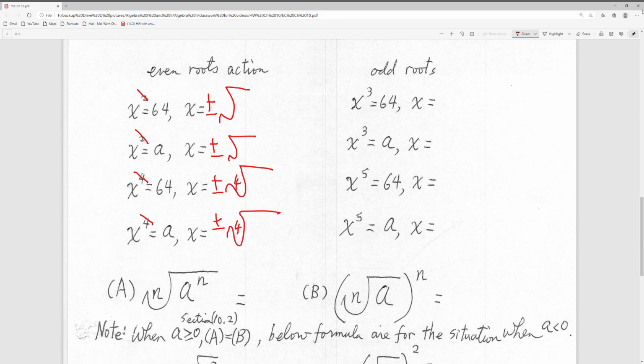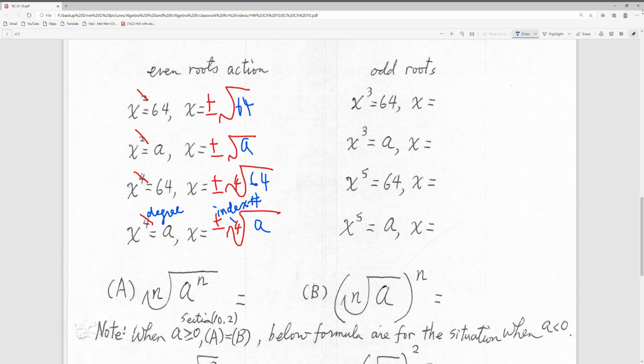Now when I don't write down 2, it means 2, okay? Other than 2, you need to write down the index number. This is the degree, right? But here is the index number. Okay, so you put a 64, the fourth root of 64 here.